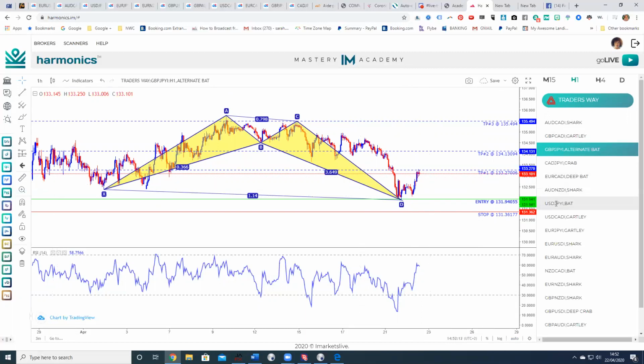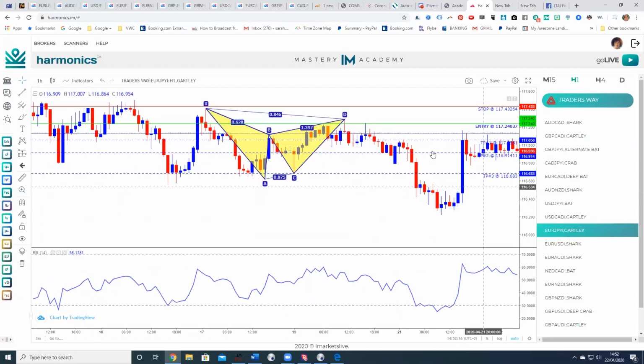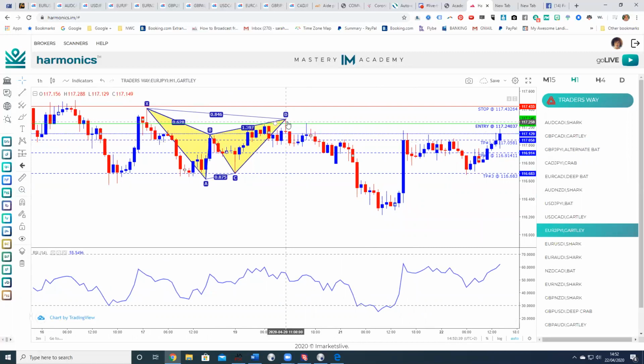If we go to an older one, which is completed, this one's gone, this is Euro Japanese yen. You can see it's completed, meaning it's come down to the C point, because scans are plotting reversal points in the market. So they go high to low, X, A, B, C, D. And in this case, it's a sell scan that it's plotted.